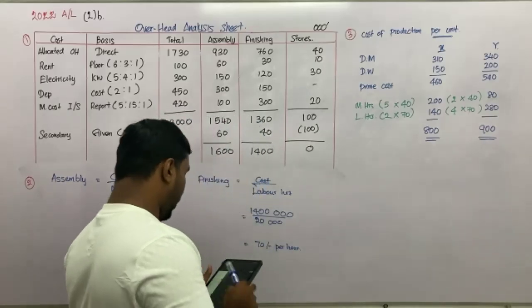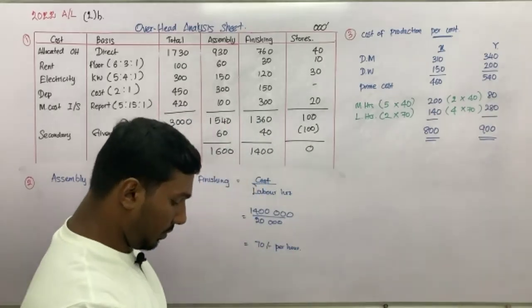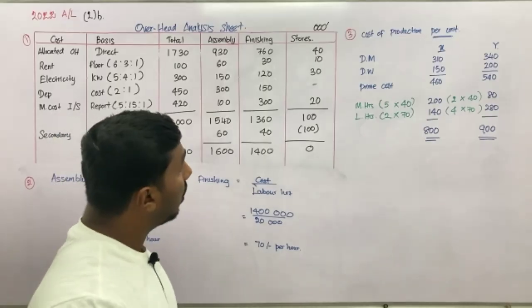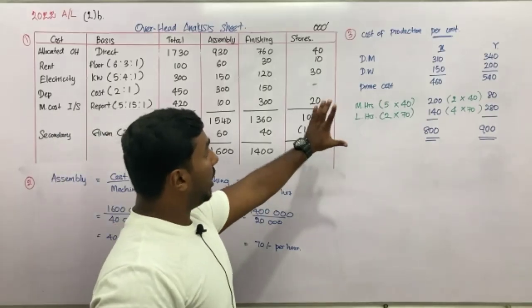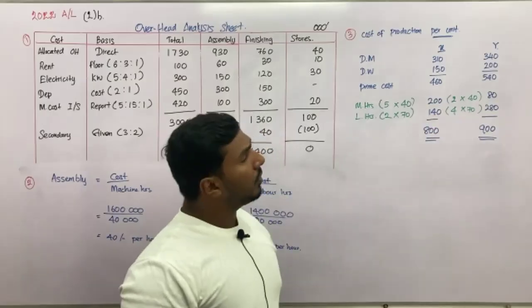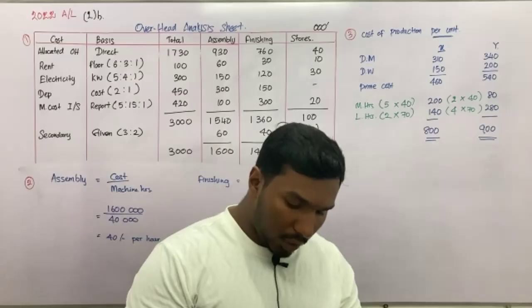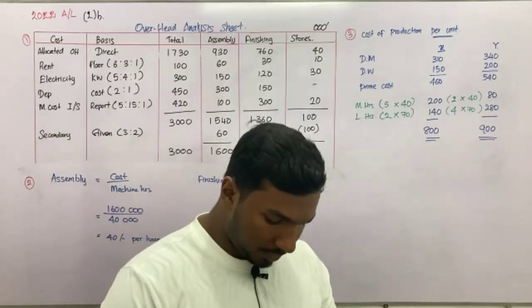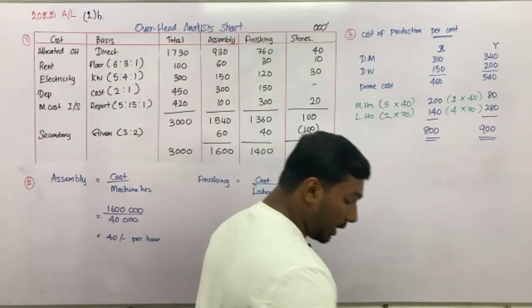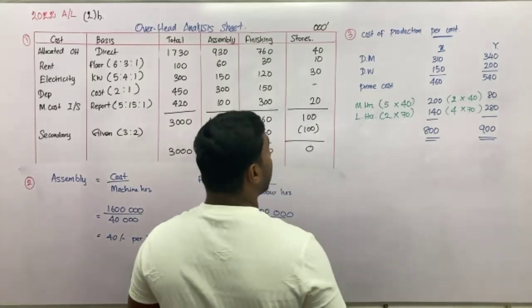Okay, very simple. Very simple. Okay, cost per unit is calculated for each product. After that, what we have to do? We have to calculate the selling price per unit. Okay, that will be the very interesting thing.